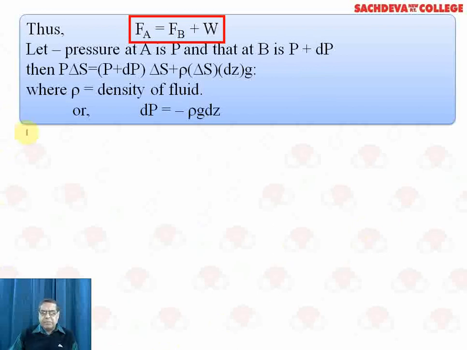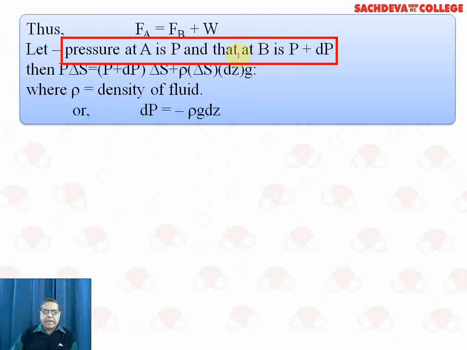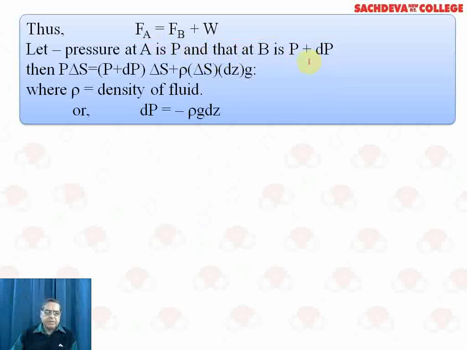Now FA will be equal to FB plus W because point A is a lower point. So net force acting at point A will be FB plus W, where W is the weight vertically downward, that is the weight of the liquid. So pressure at A is P and that at B is P plus dP. dP is a small change in pressure.